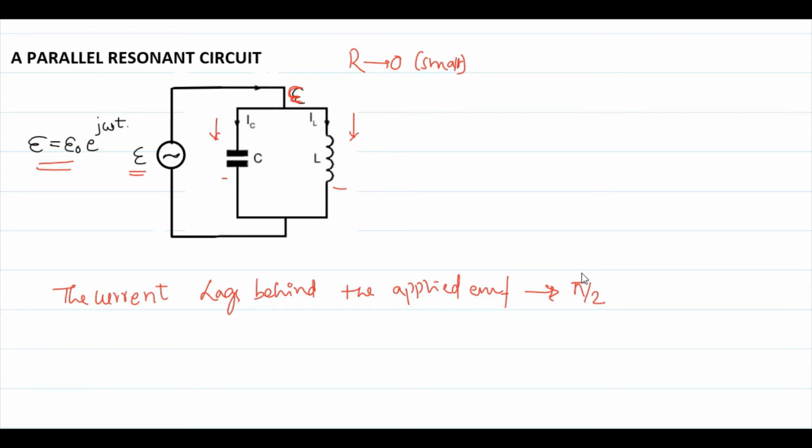This happens only in the case of an inductor. So if you study the current flowing in this inductor coil, we come to know how that current lags behind the EMF in this particular inductor.